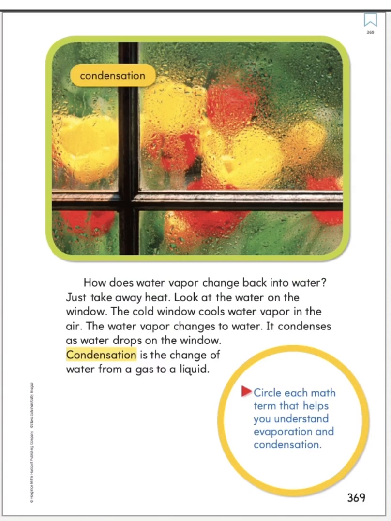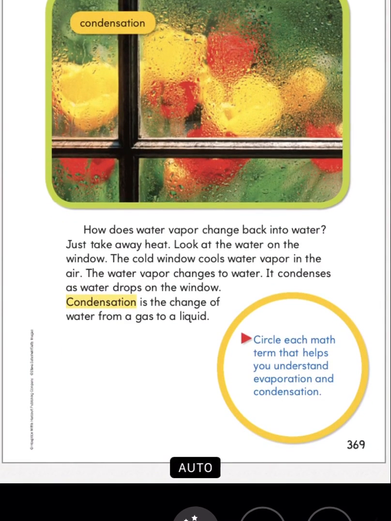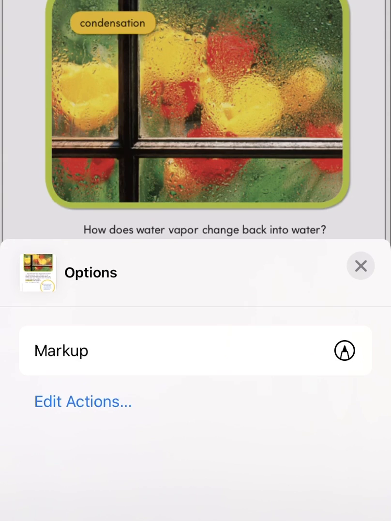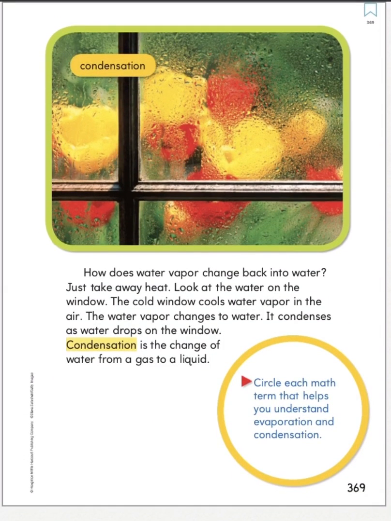Here we have a picture of a window. Can you look at the window? What do you see on the window? We see tiny drops of water. How did we get these drops?